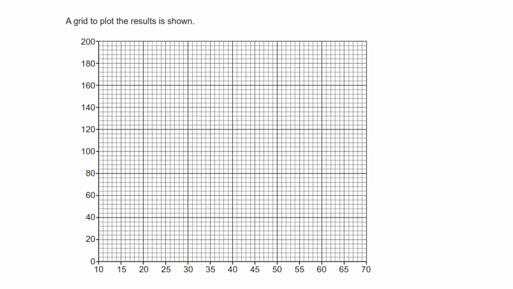So we can see that the x-axis aligns with the temperature side. So we can label the x-axis as temperature in degrees centigrade, and the y-axis as time taken, measured in seconds.